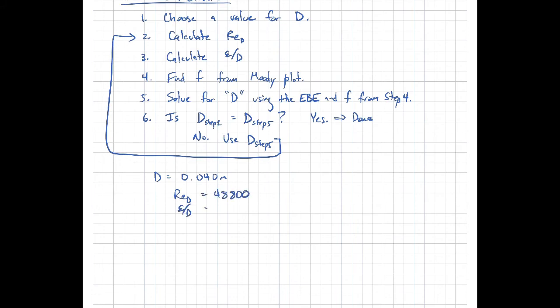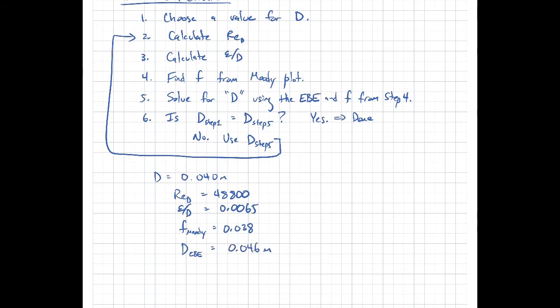We should get the same relative roughness, 0.0065. The friction factor from the Moody diagram, this is our step 4, comes out to be 0.038. And now step 5, solving the diameter from the extended Bernoulli equation, it comes out to be 0.046 meters.